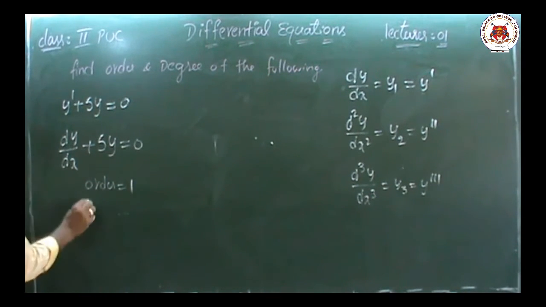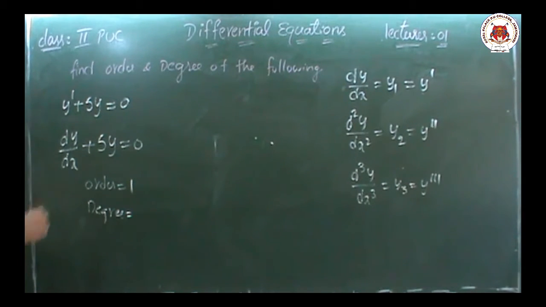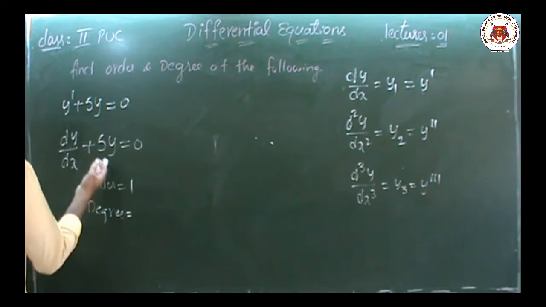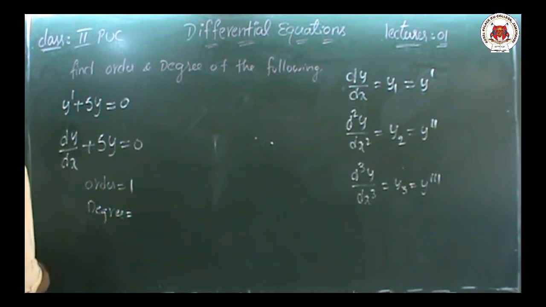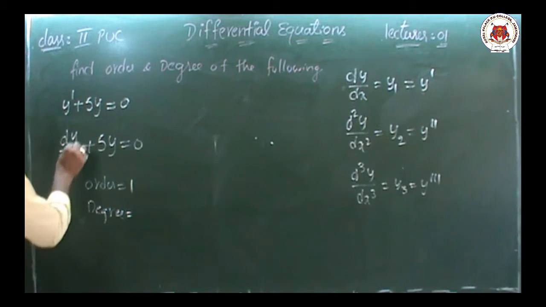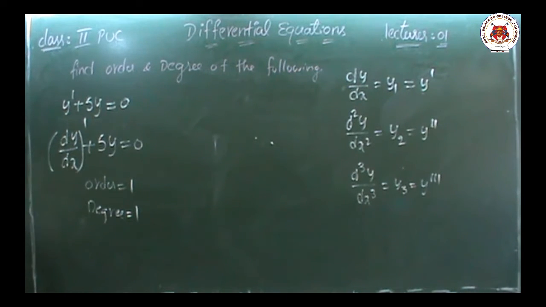Degree means the power of the order. First we check this is a polynomial, because of dy by dx and 5y there is no trigonometric or logarithmic function. So we can define it. Degree is nothing but the power of the order. This one's power is 1. So degree equal to 1 and order also equal to 1.